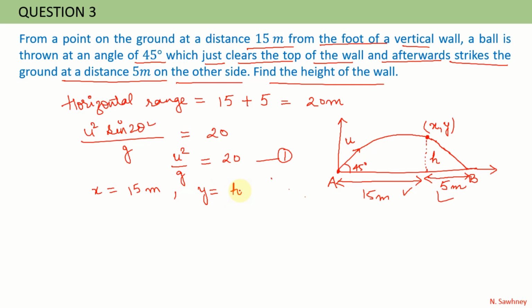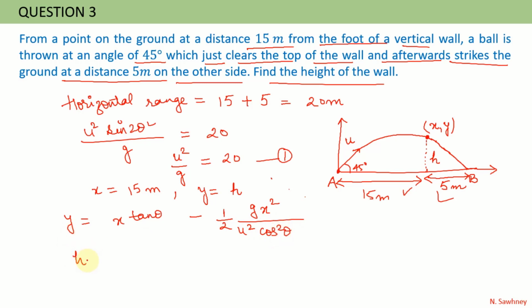Now let us use the equation of trajectory, which is y is equal to x tan theta minus half g x square upon u square cos square theta.